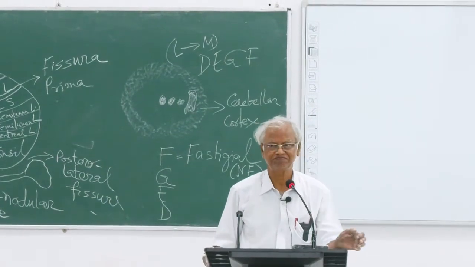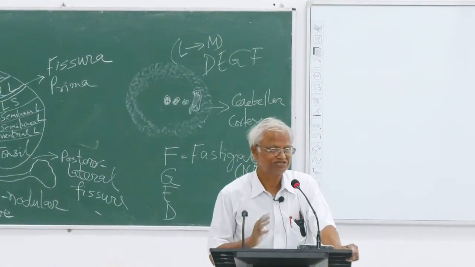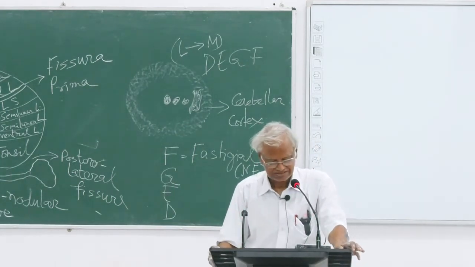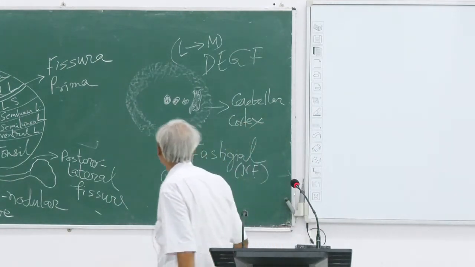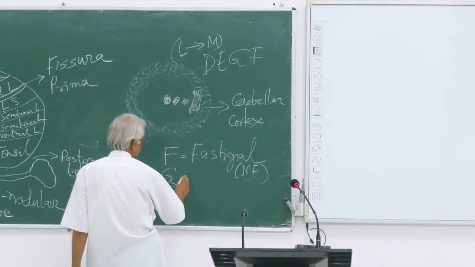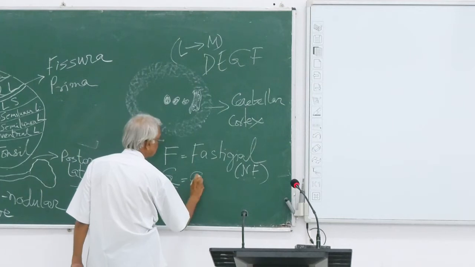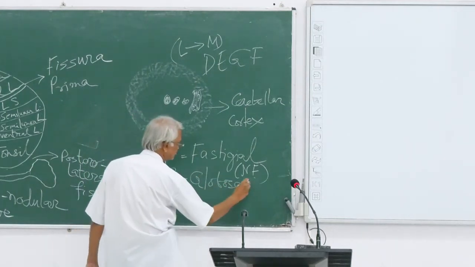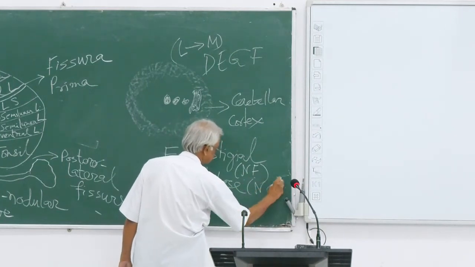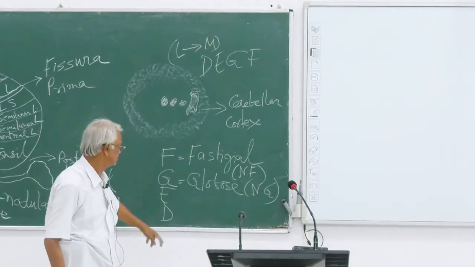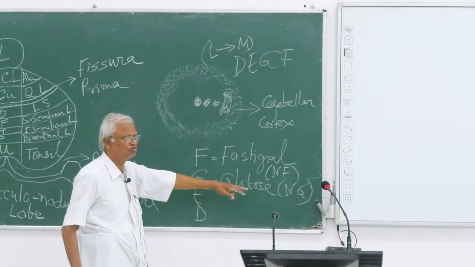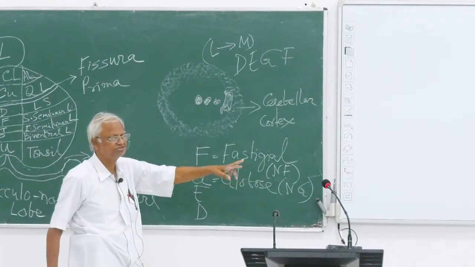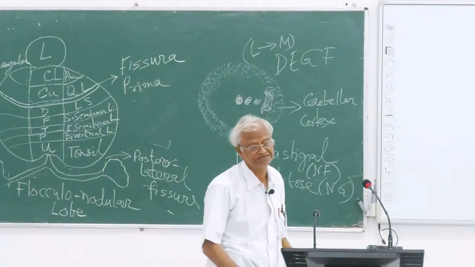Converting it into an adjective, fastigial nucleus. G is for nucleus globosus, the globose nucleus, spelled G-L-O-B-O-S-U-S. And this is the medial one, the fastigial nucleus or nucleus fastigii.